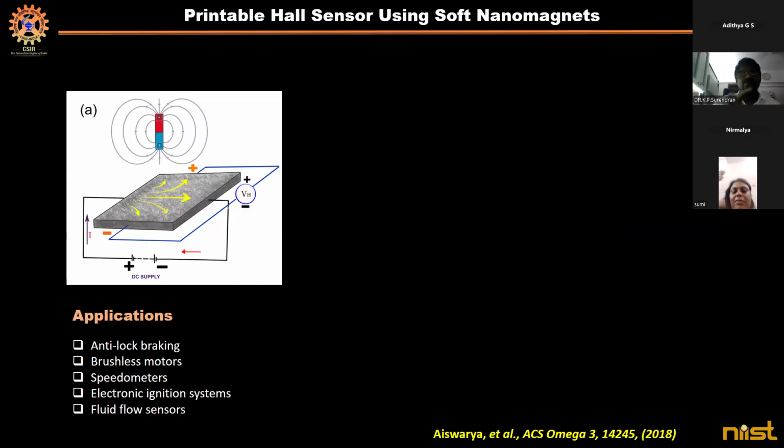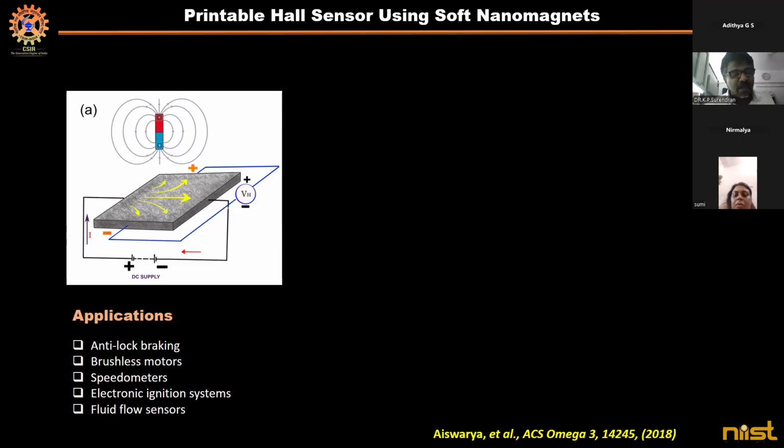This kind of sensor gives you exactly the position of the steering wheel or the tire or any part that is moving, because the position of a moving part you cannot sense by touching it. So sensing its position is a tricky task, and here this kind of sensor is used.